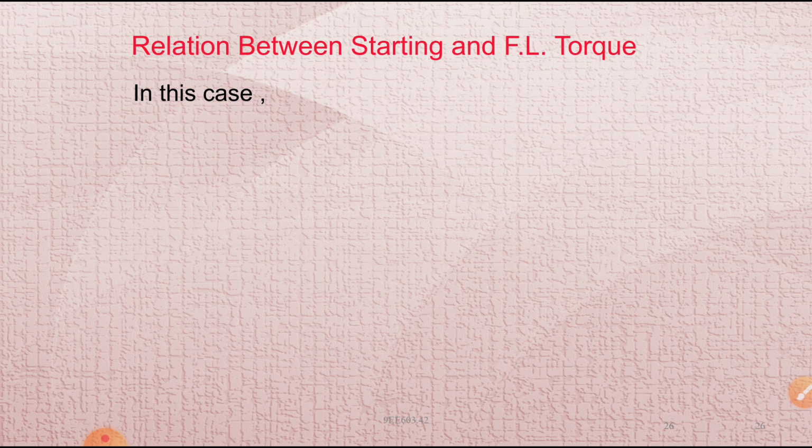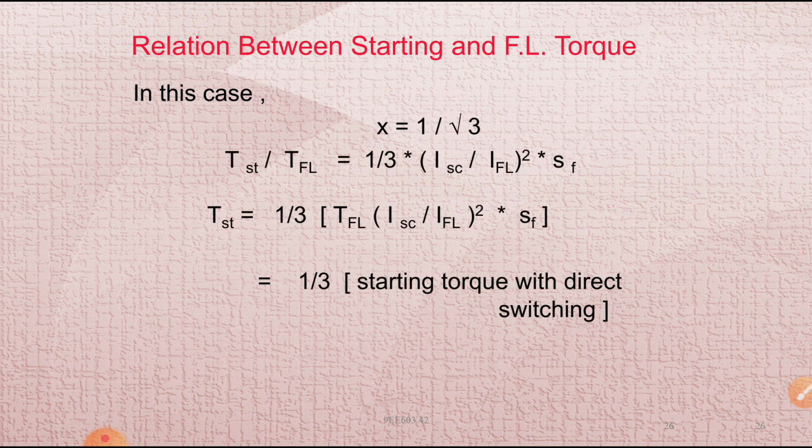The x value is equal to 1 by root 3. So x square is (1 by root 3) square, which is equal to 1 by 3. That is, T starting by T full load is equal to 1 by 3 into (ISC by I full load) whole square into SF, as usual. In the previous auto transformer it was x square; here it is (1 by root 3) whole square, so 1 by 3 times. That means the starting torque is 1 by 3 times the starting torque when direct switching takes place.